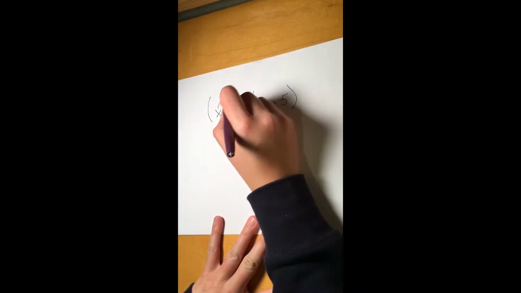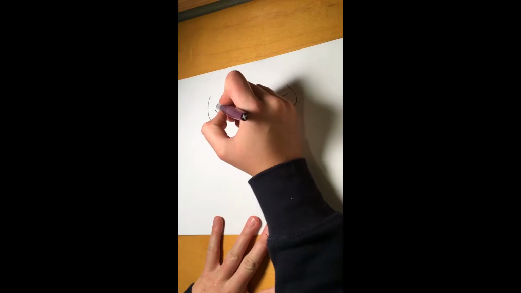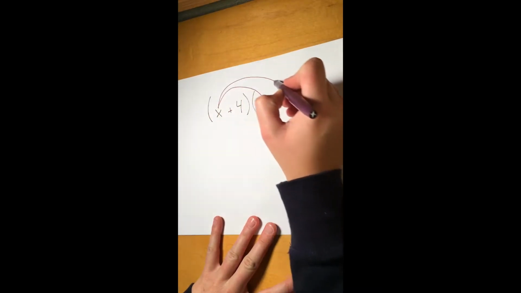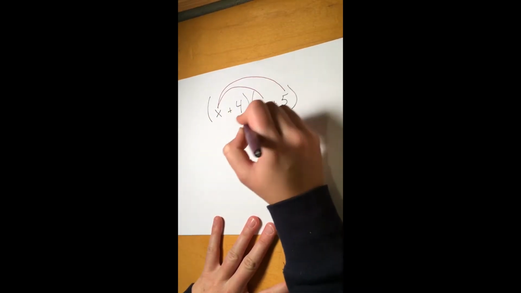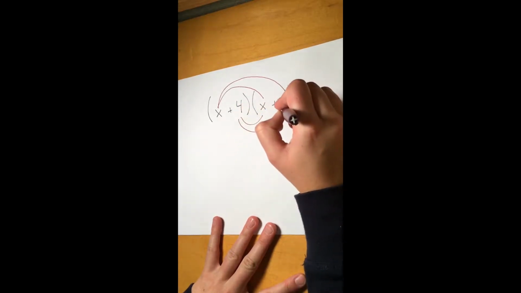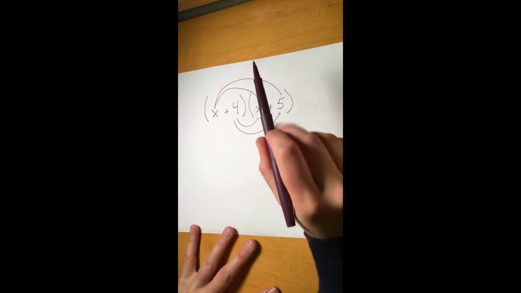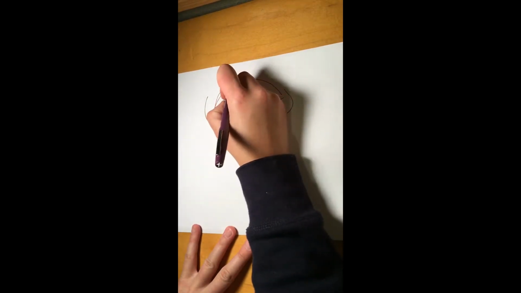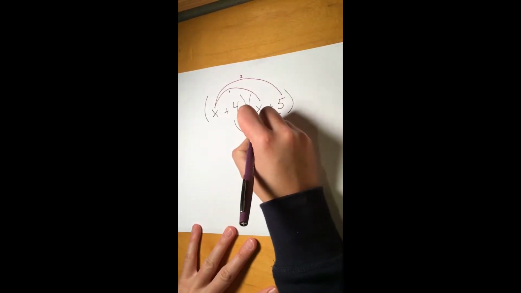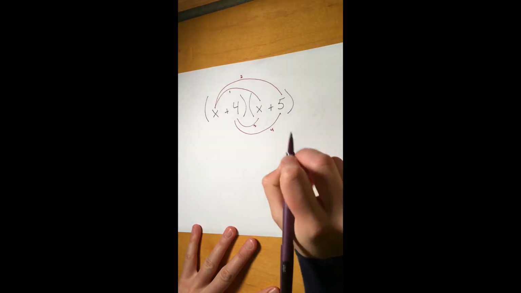So we go first, outside, inner, and last. Now what these purple lines mean is that we're going to multiply them by each other. So 1, 2, 3, 4 was the order we went in.